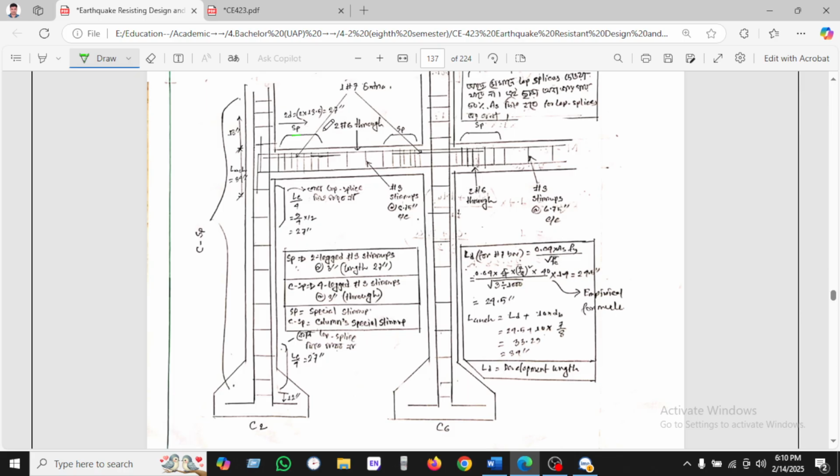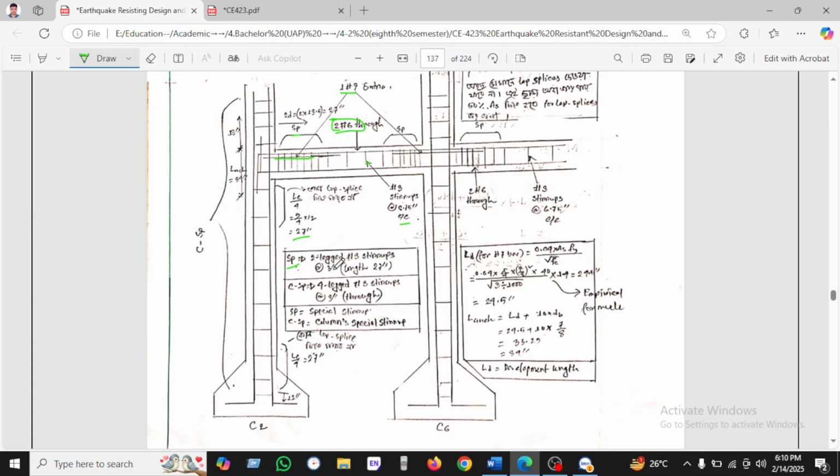The SP is given, 2 times D, which is 27. We used 2 number 6 bars, and the top reinforcement has an extra 1 number 7. Here LC divided by 4 is 27. This is the number 3 stirrup at the rate of 6.75 center to center.